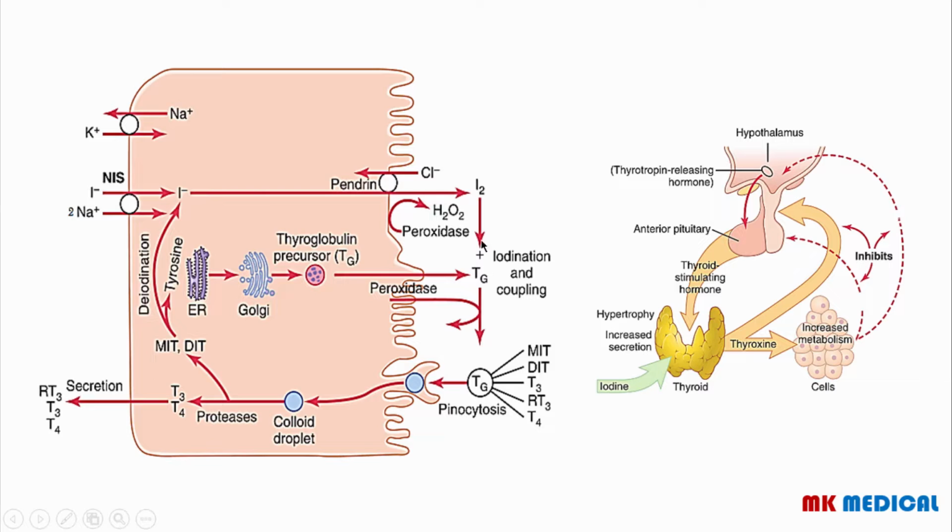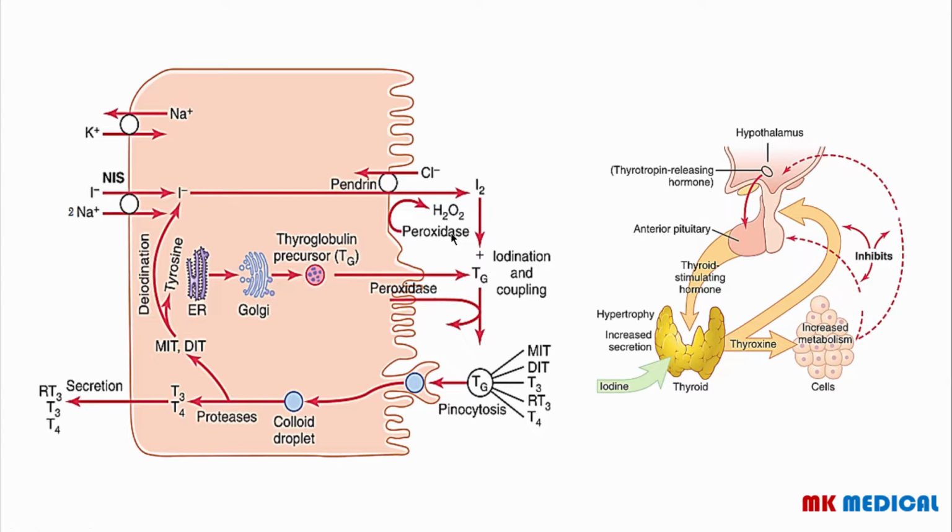So it loses electrons and it forms iodine. So the second step is oxidation, catalyzed by thyroid peroxidase. Then the iodine is added to the thyroglobulin molecule. You refer to that as organification or iodination. This process is also catalyzed by thyroid peroxidase.